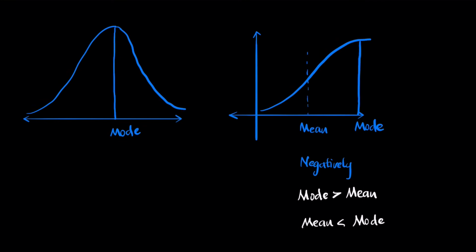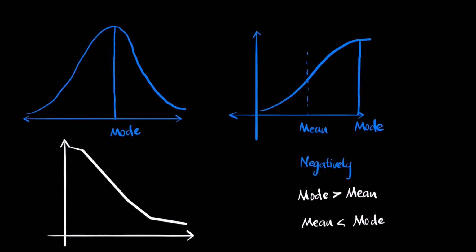Now let's talk about the last type of distribution, which is the positively skewed distribution. So if you have a positively skewed distribution, it looks somewhat like this. In this distribution, the peak is right here. So this is the mode, and the mean comes somewhere in the middle.